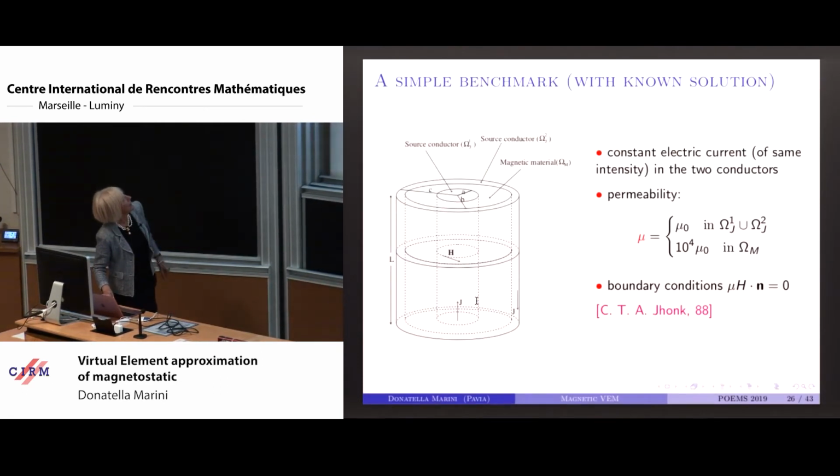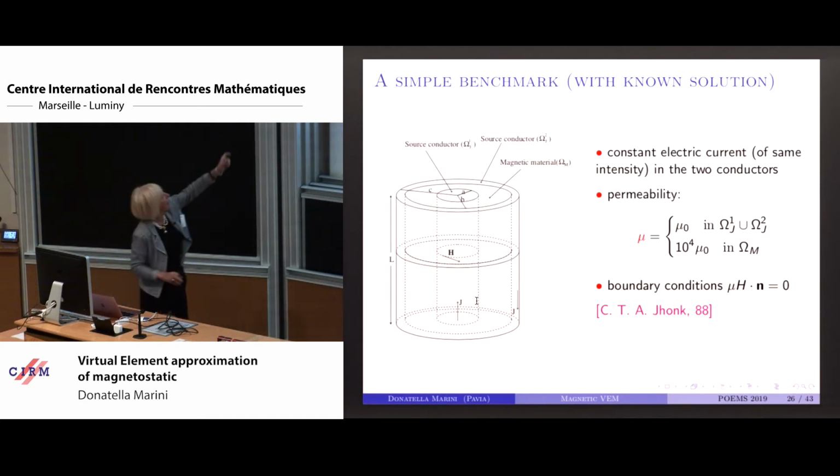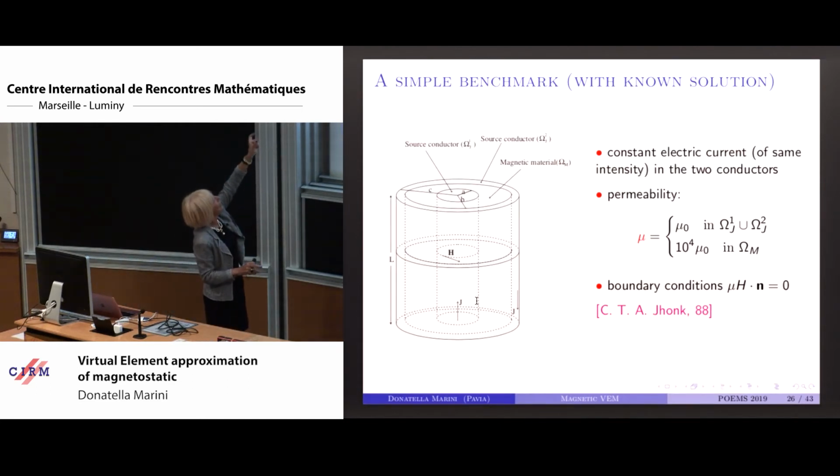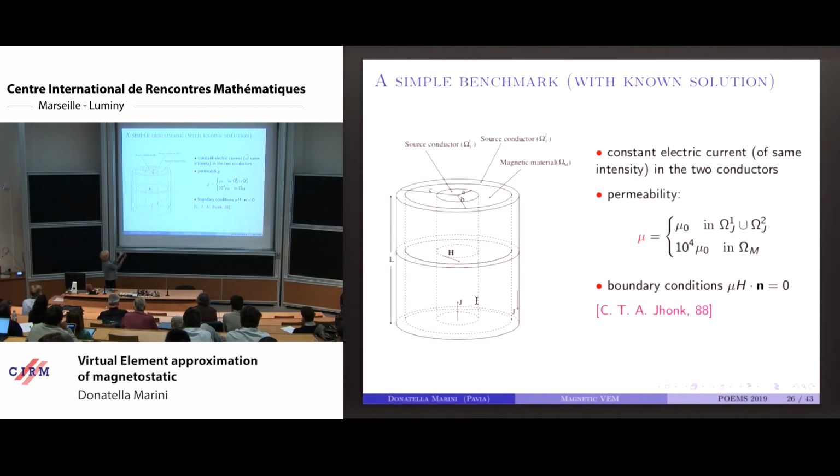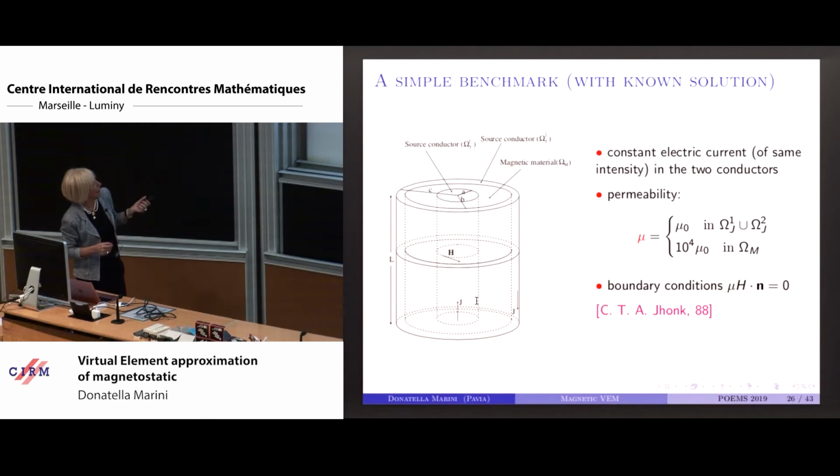This is a more realistic problem, but it's still a benchmark problem with known solution. So we have two conductors separated by a magnetic material. The current is constant in the two conductors. The permittivity is constant in the two conductors, and 10 to the power 4 in the magnetic material.